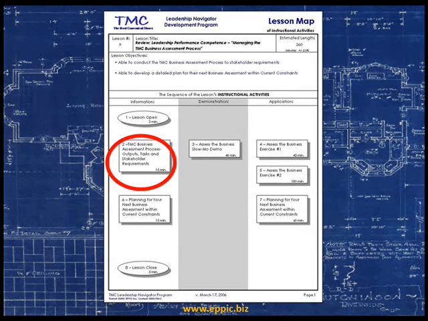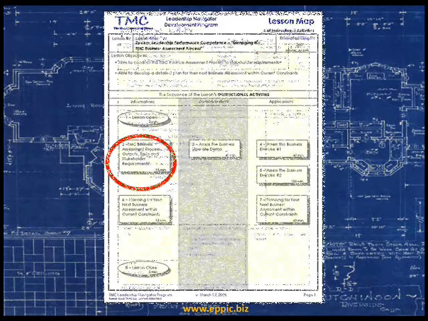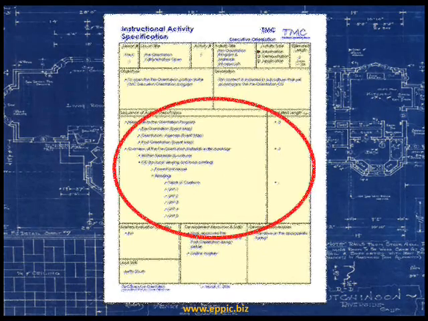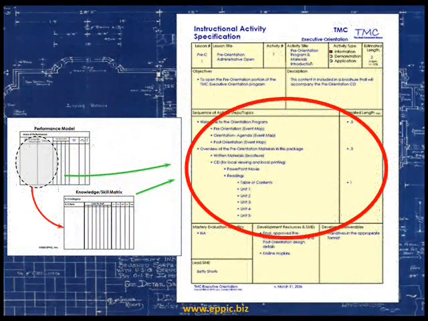For example, this information instructional activity on the lesson map is articulated in this instructional activity specification. This is where all of the analysis data, the performance data, the enabling knowledge and skill data, and perhaps some existing content that was assessed to be used after modification will find its home in the design deliverables of MCD and IAD.